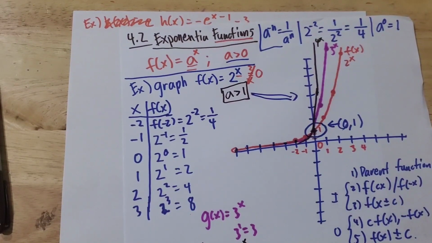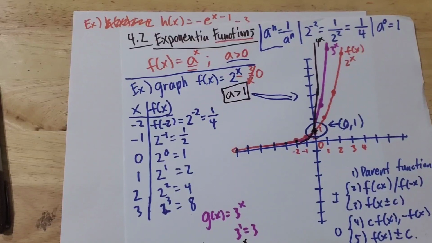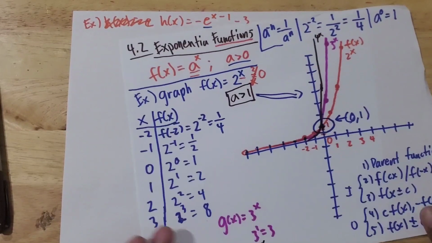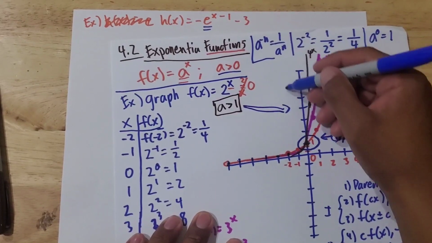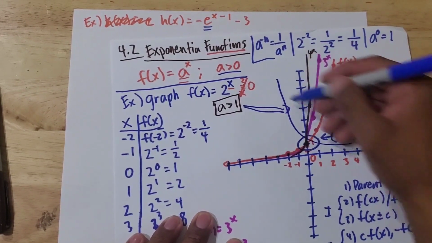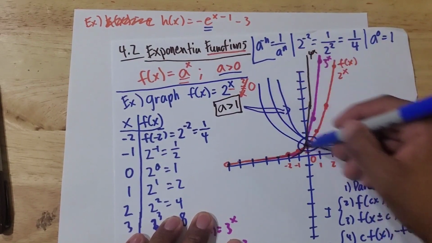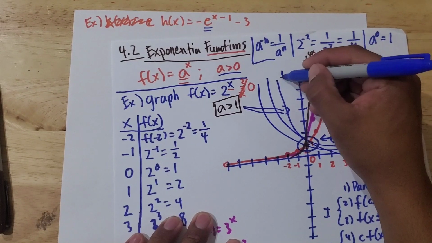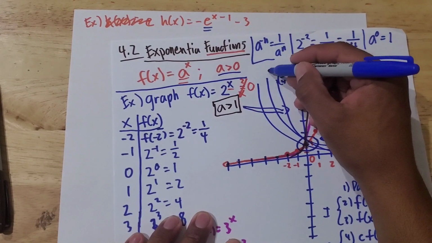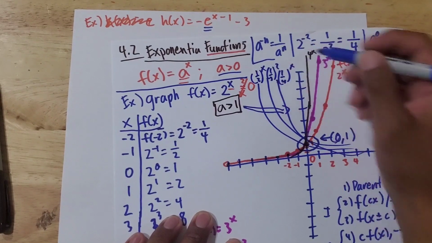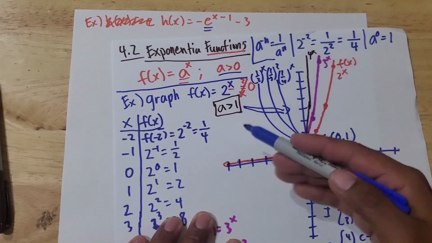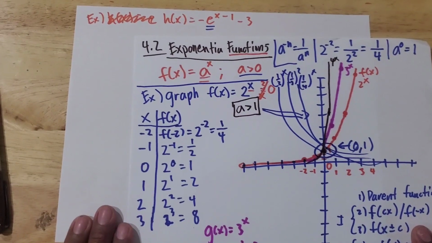But we did just see an example where it was actually in between 0 and 1, the 1/3. What that means is all these graphs go in the other direction like this. That would be 1/4 to the x, this would be 1/3 to the x, this would be 1/2 to the x. It just does a reflection on the y-axis.